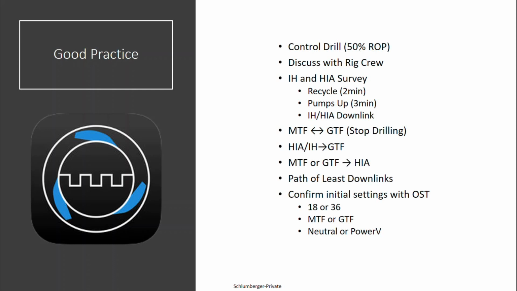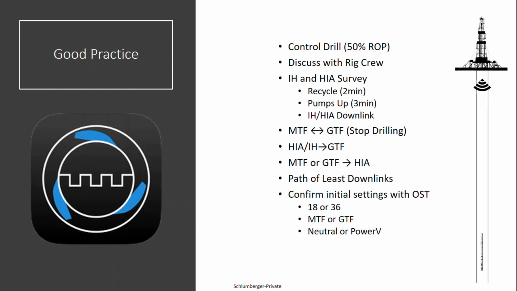Okay, the next thing is the process of engaging inc hold or hold inc. Basically, you'll be in either magnetic or gravity tool face, and you have a certain inclination or azimuth survey station that you want to lock in as your target.